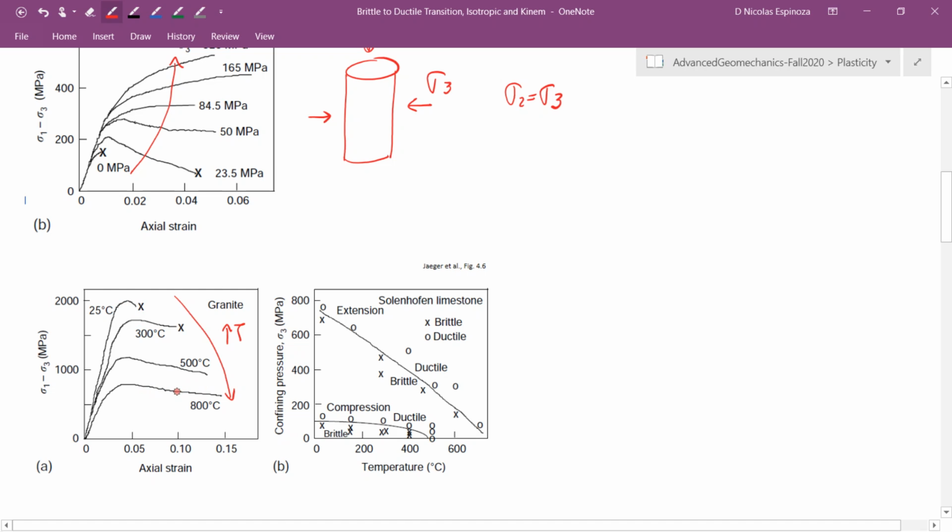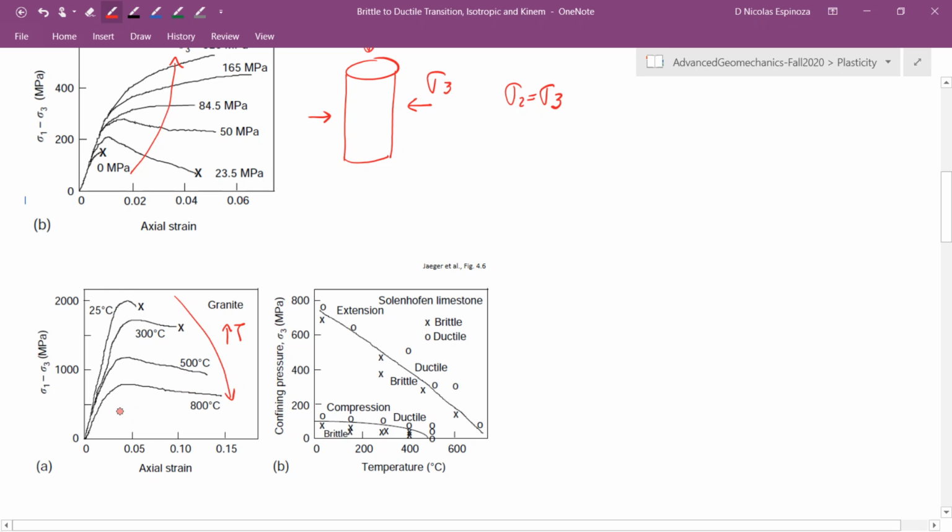Notice in this case, the strength of the rock is decreasing with increasing temperature and decreasing as you go from brittle to ductile. It's the opposite of what we have here on top. But the transition from brittle to ductile is observed.